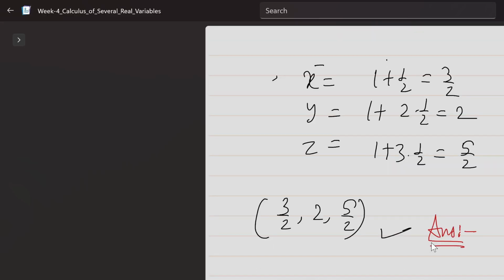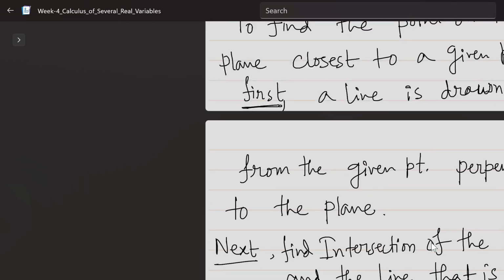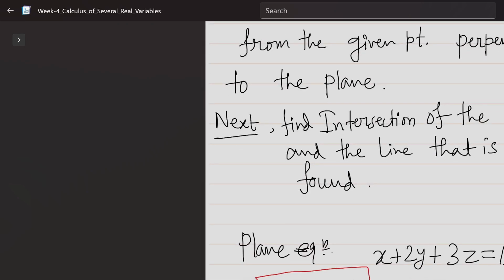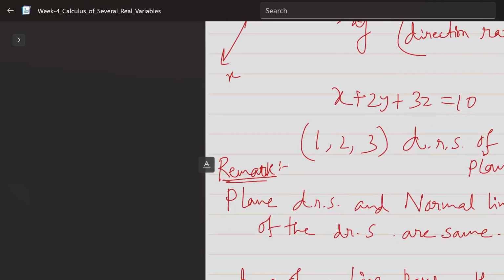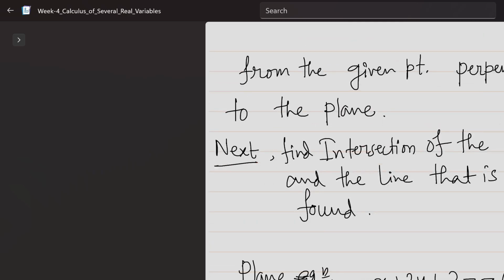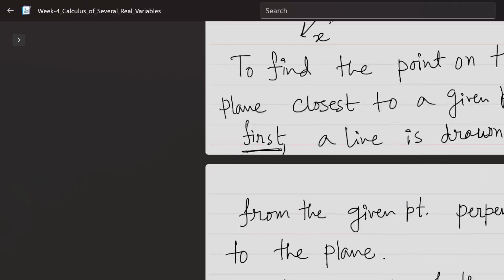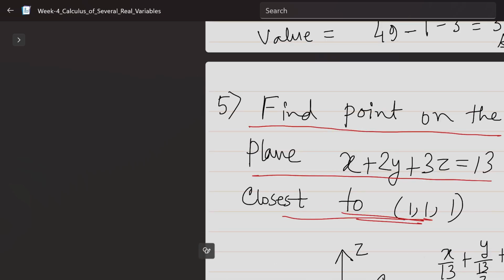This gradient I am finding is the direction ratio for the plane, so directly with the gradient vector you can find it. He is saying some point plus t times another point, like 1, 1, 1 plus t times something.